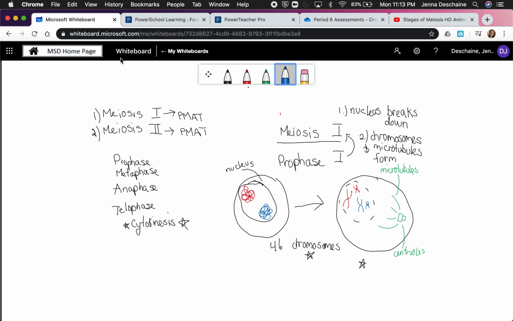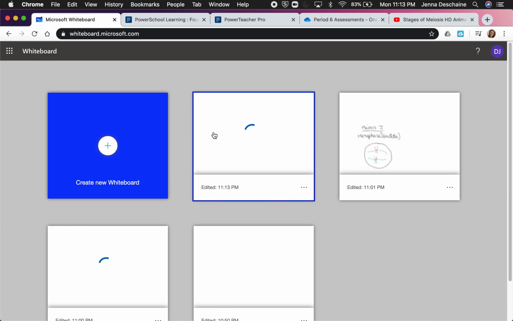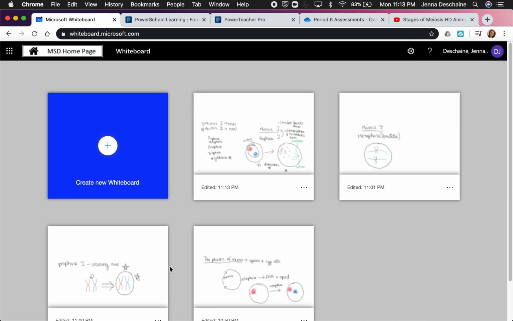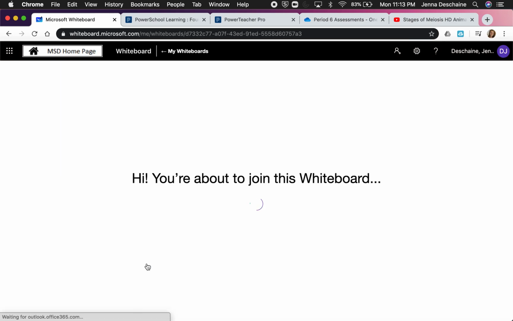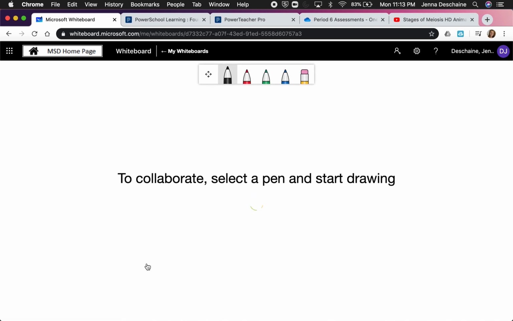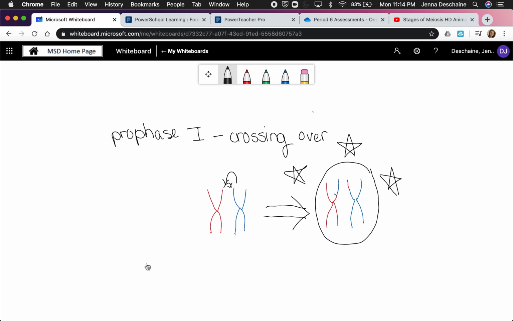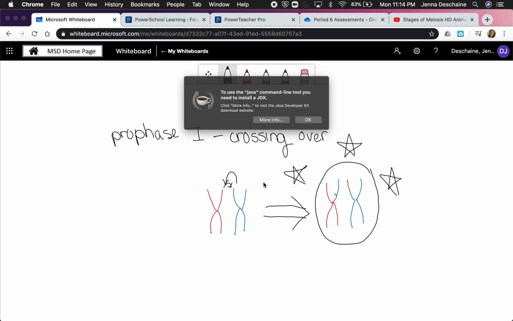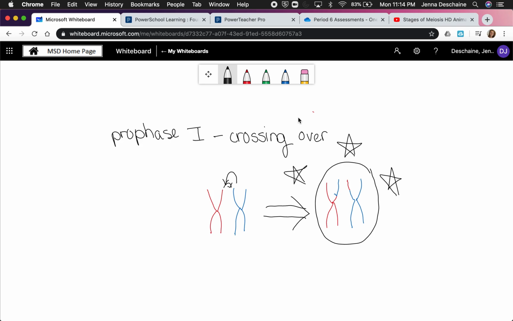All right, so one very important thing that happens during prophase 1 is this process called crossing over. So crossing over is a process where chromosomes get to exchange genetic information, okay? So here I've drawn my 2 big chromosomes, and I'm also going to draw my 2 little chromosomes, all right?